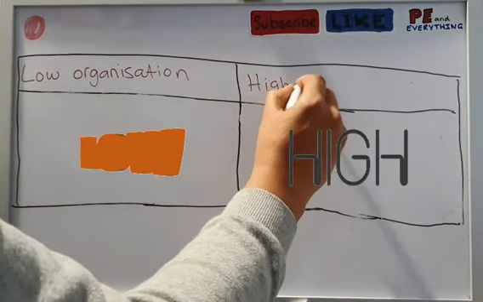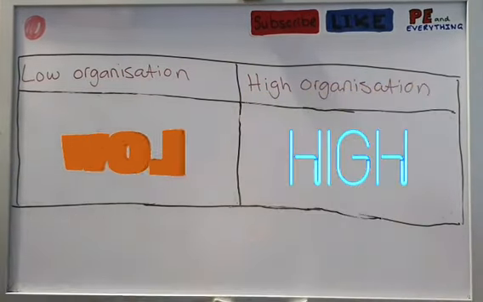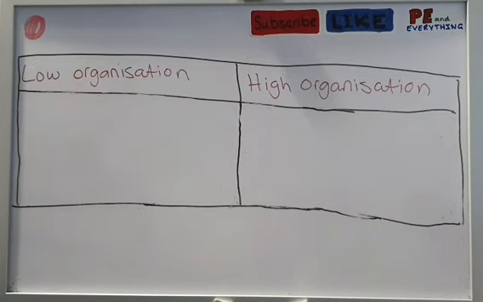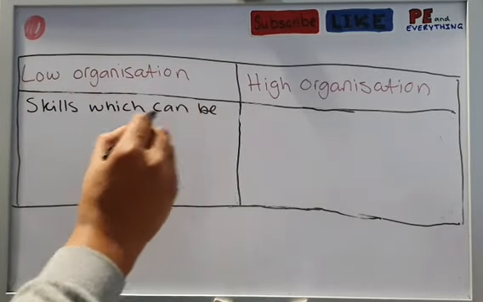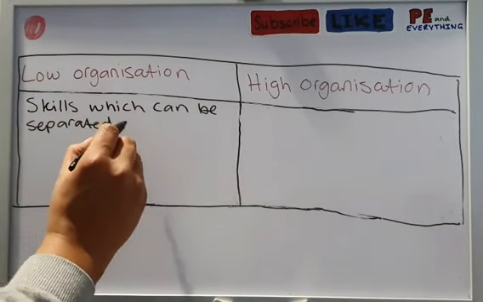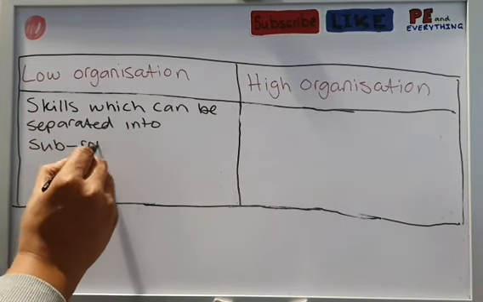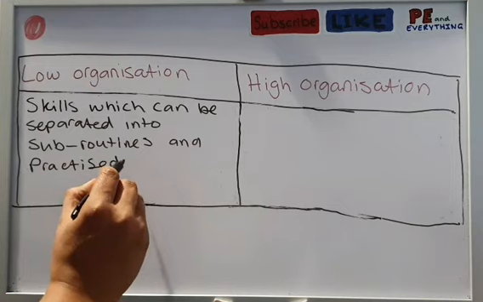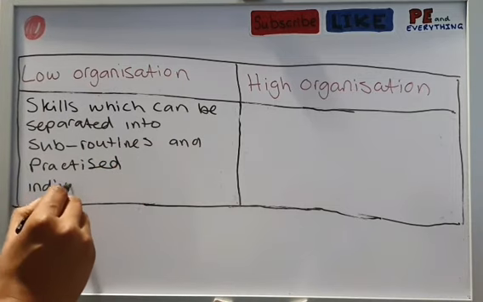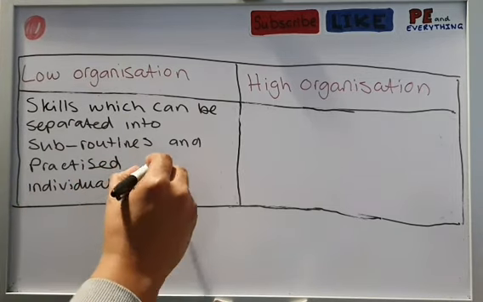Now we have low organization and higher organization. When we say low organization, it means that the skills can be separated into subroutines, into parts. So they can be separated into parts and practiced individually.